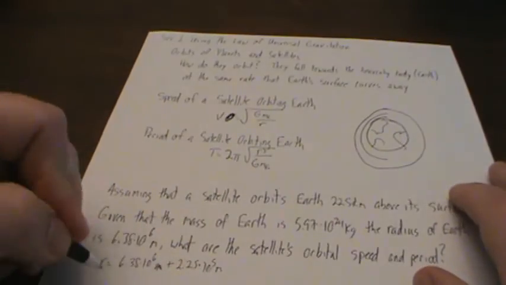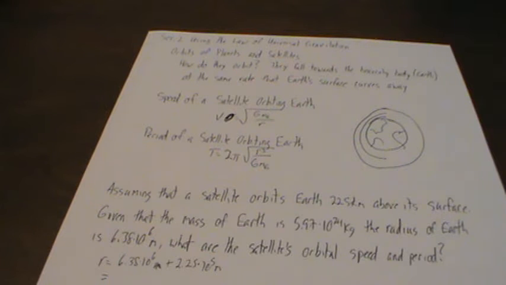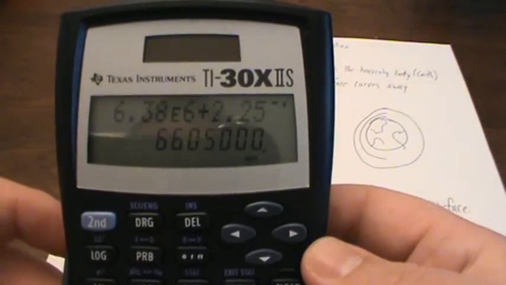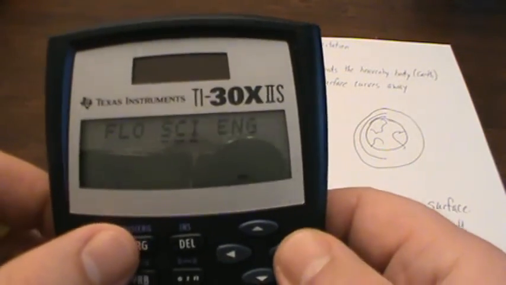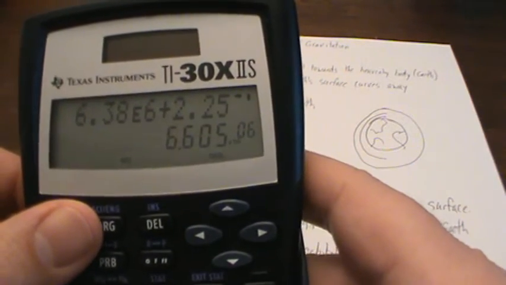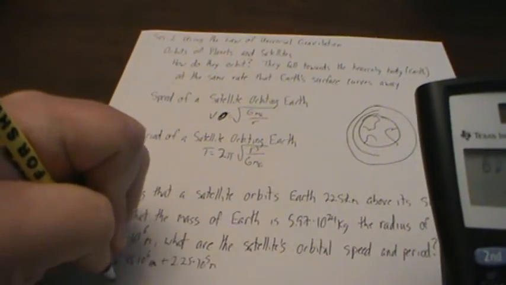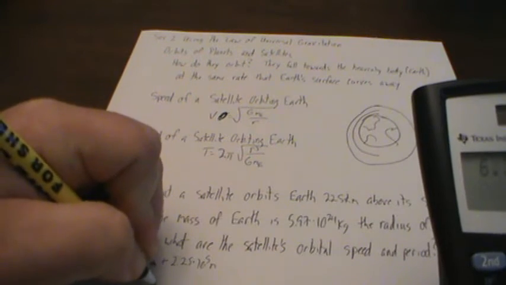We add those two numbers together, and that will give us our full radius, the distance from the center of the Earth to the satellite. 6.38 times 10 to the 6 plus 2.25 times 10 to the 5th, and in scientific notation I'm coming up with 6.61 times 10 to the 6 meters.